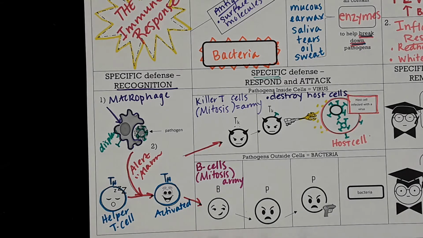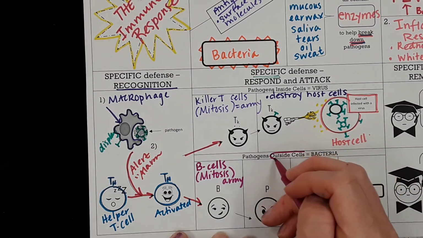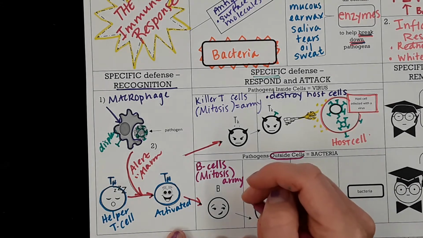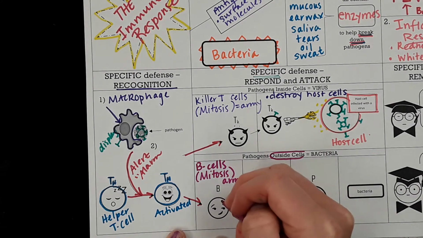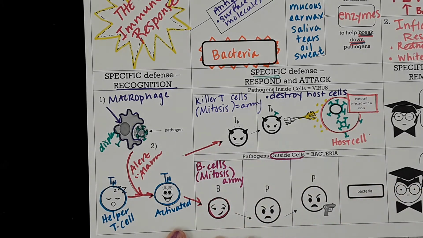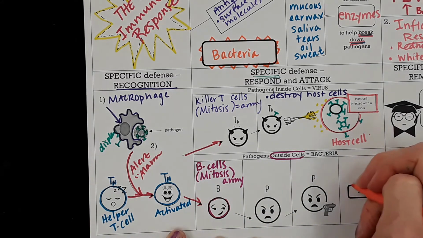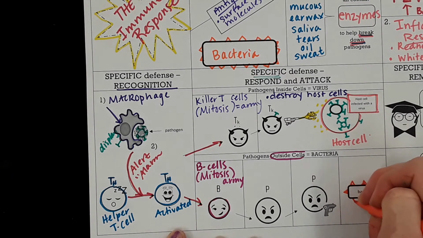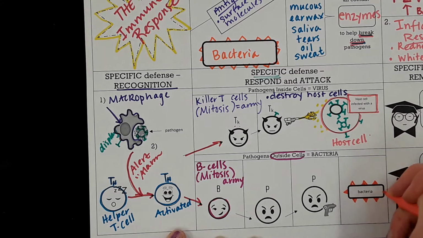It'll be on patrol, looking for cells that are carrying this specific antigen. So this becomes a very specific defense, fine-tuned specifically for this antigen. The B cells are going to kill pathogens that are on the outside of the cells. So it's going to look for not only bacteria, but even viruses on the outside of the cell. What the B cell is going to do is look for a specific pathogen. If you guys remember, the bacteria had that specific antigen, and that specific antigen was its specific surface molecule.